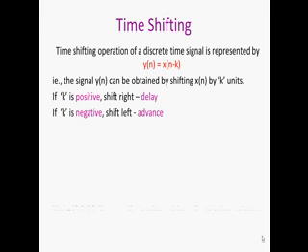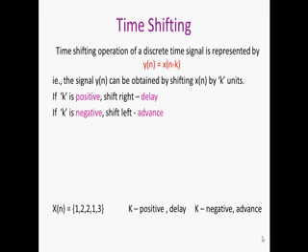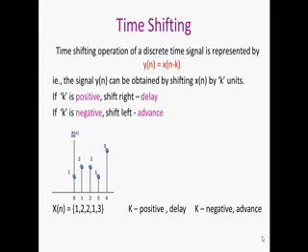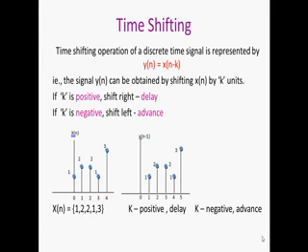For example, if the x of n is 1, 2, 2, 1, 3 with the time range of 0 to 4, plot the x of n from the time range 0 to 4 with its corresponding amplitude as 1, 2, 2, 1 and 3. Then in x of n minus 1, the k value is positive, that is 1. So after obtaining the k value 1, it is added to the starting value of the signal x of n.